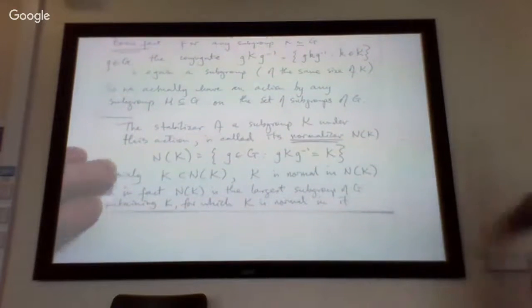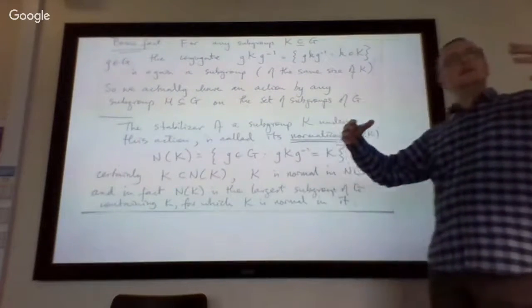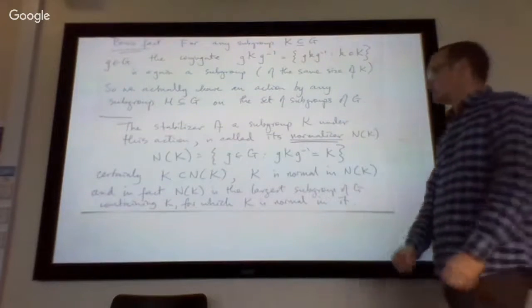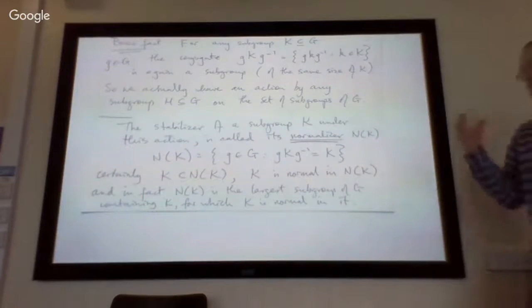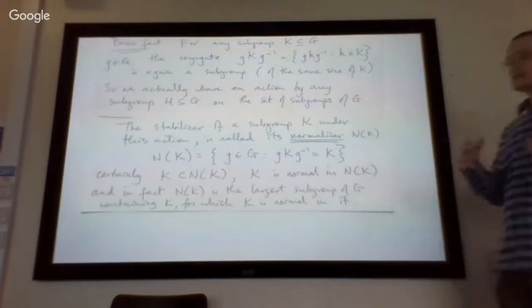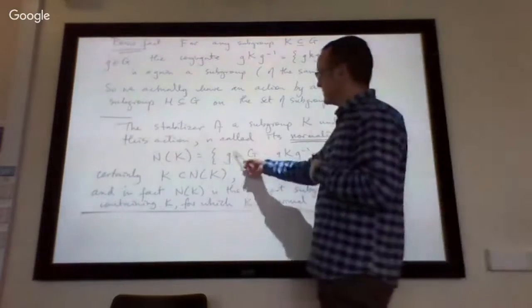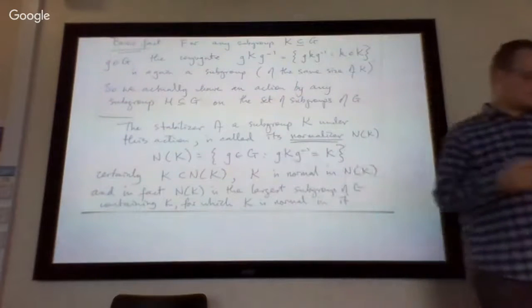Okay? K is a subgroup. There will be larger subgroups containing it, and in some of those, K will be normal in that subgroup. The normalizer is certainly one of those subgroups containing K for which K is normal in it. In fact, it's the largest such one, okay? Because it consists of everything for which that normal criteria is true.